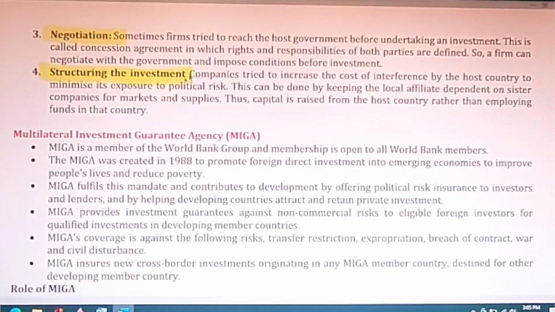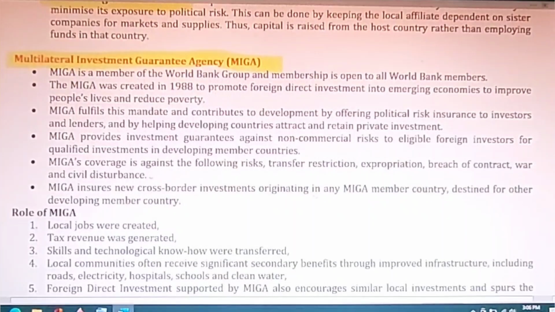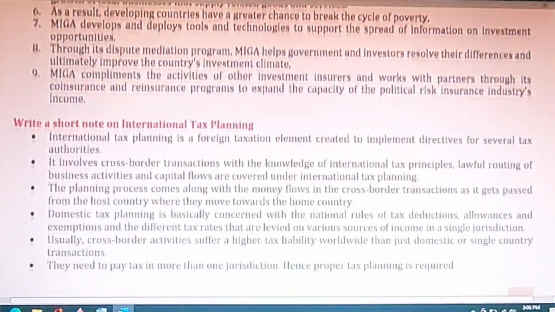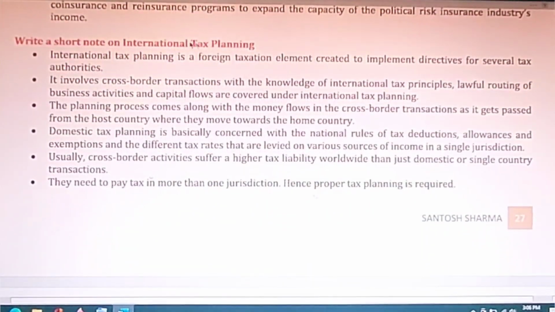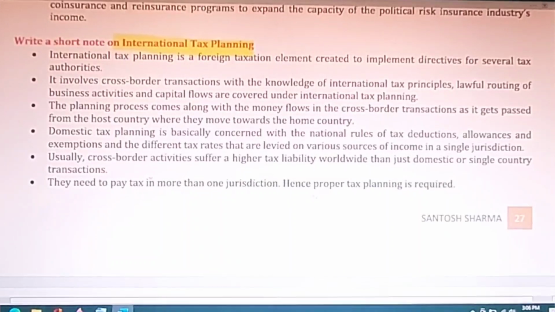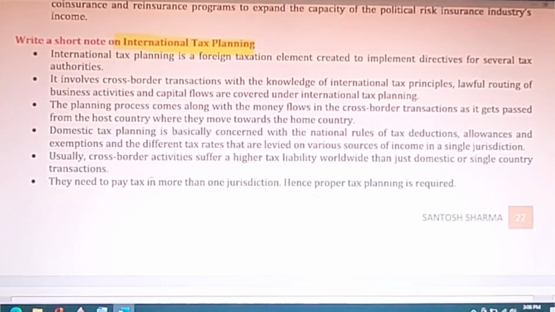The next concept is the Multilateral Investment Guarantee Agency, MIGA, a very important one, and you might get a short note on this. I explained this concept in the previous video also. The next one is a short note on international tax planning. So you must read about tax planning also, because paying tax is okay, everybody pays tax.